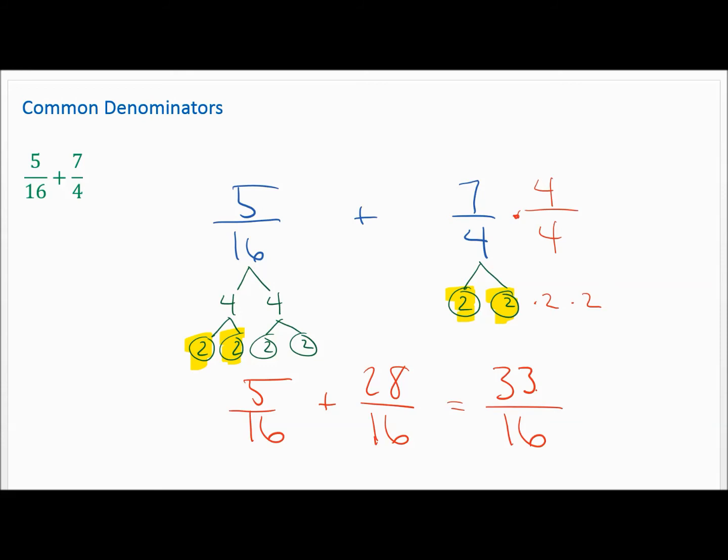Now here's the question, will 33 and 16 simplify to lowest terms or reduce? Well, 33 and 16 don't have any numbers that divide in both of them. 33 can be divided by 3 and 11, but 16 can be divided by 2, 4, 8. Nothing in common there, so we are finished with that problem.